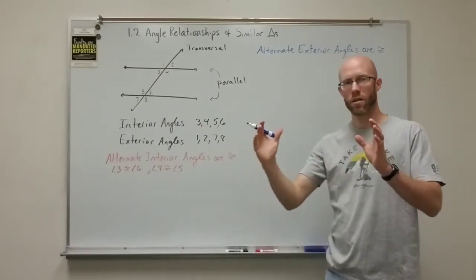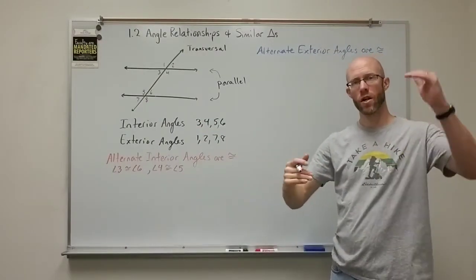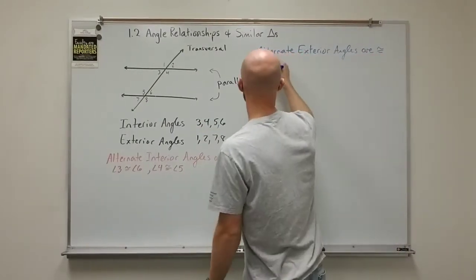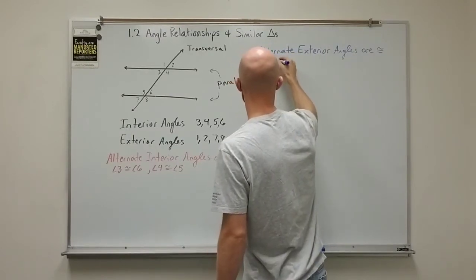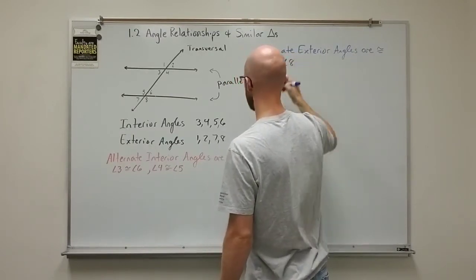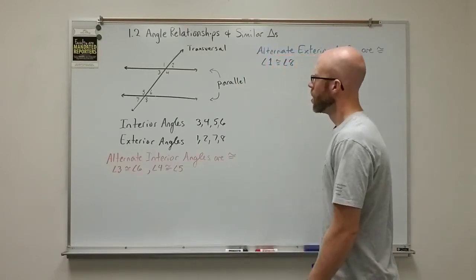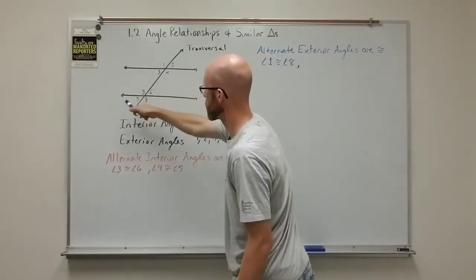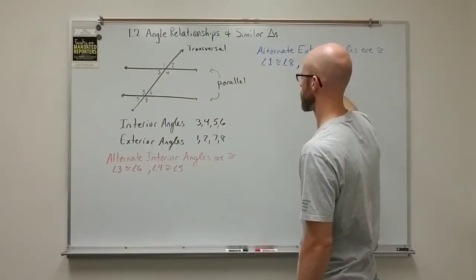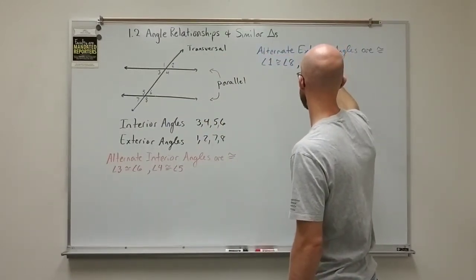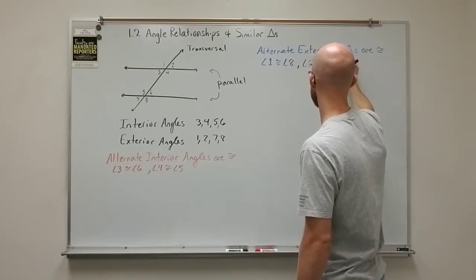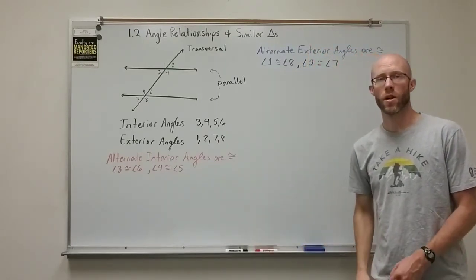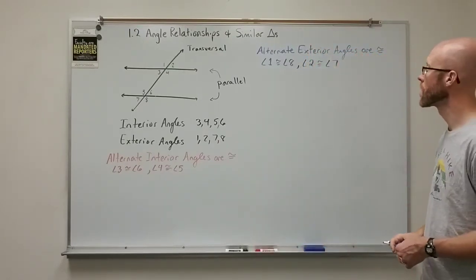They're on different sides of the transversal and the exterior. Okay, so angle 1 is congruent to angle 8. And let's see, angle 2 and 7 would then also be congruent. So angle 2 is congruent to angle 7. All right, so we have those two relationships.